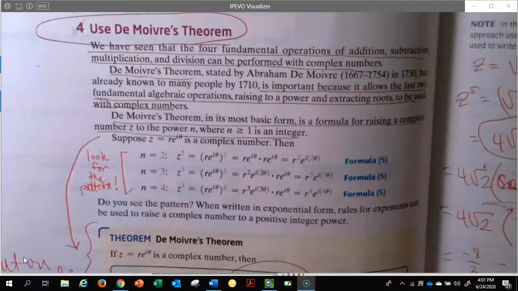Remember, and I said this in the very first video I made for 9.3, you've got to be fluent. You've got to understand complex form, rectangular form, polar form, and exponential form, and be able to move back and forth between these four very fluently, or you've got to know what you're doing.